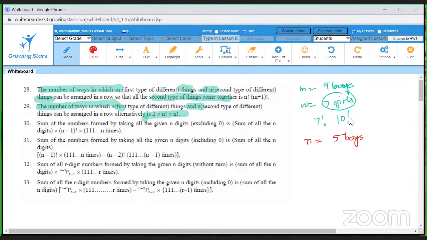Their faces, their eyes, their nose, everything will not be the same. These 5 boys are different. And there are n things, that is 5 girls. They all look different, but the type girls makes them the same. They are different girls. If you want to arrange them in a row, 2 into n factorial into n factorial. This is what happens.